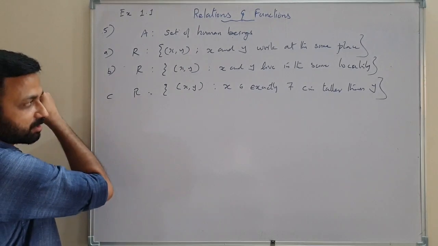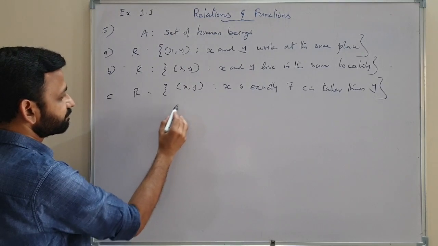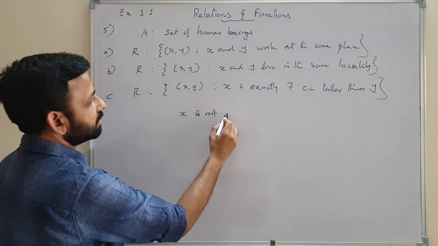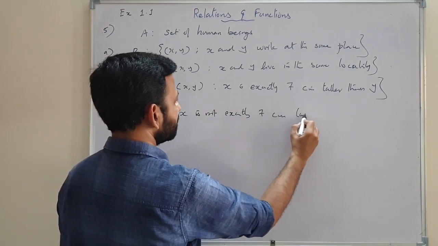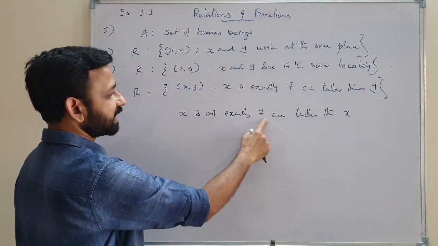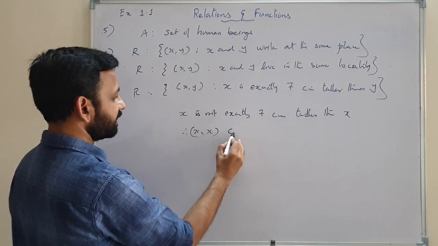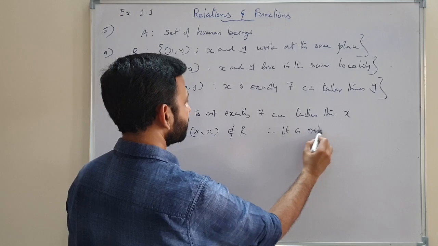So if it is not reflexive, we can write here for reflexive: x is not exactly 7 centimeter taller than x. Therefore, (x, x) does not belong to R. Therefore, it is not reflexive.